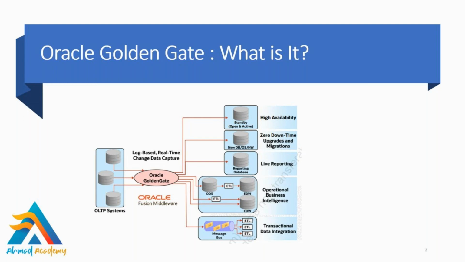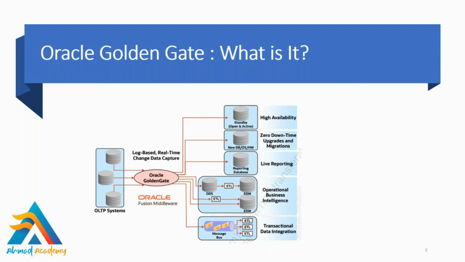If you see the diagram, Oracle Golden Gate is designed to work in a heterogeneous environment and across different operating systems. It means your database can be different, your operating system can be different. We will see that later.